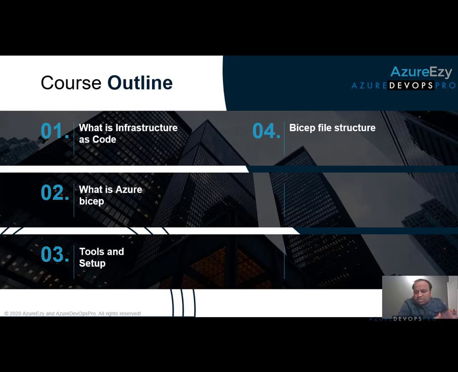What is the structure of the file, how do different components make up a basic Bicep file, how can you develop it, how can you deploy a basic Bicep file onto Azure, and what is the complete basic life cycle around it?